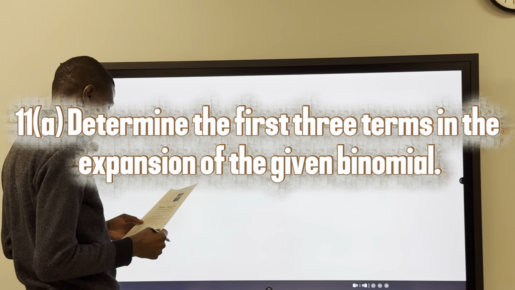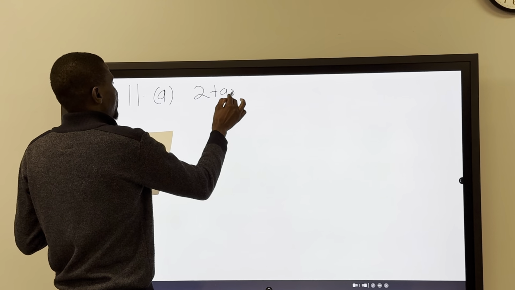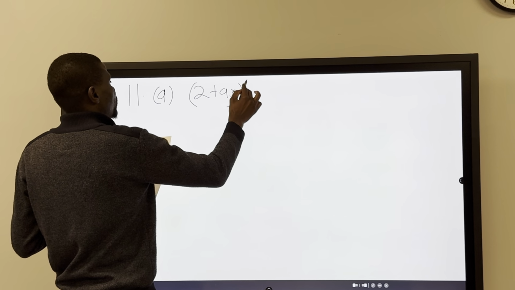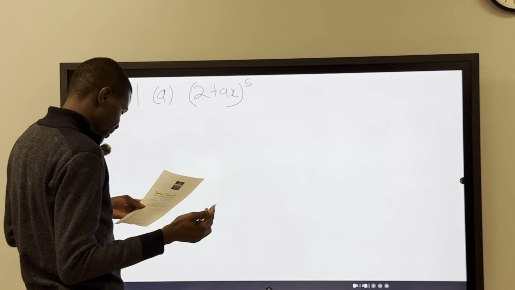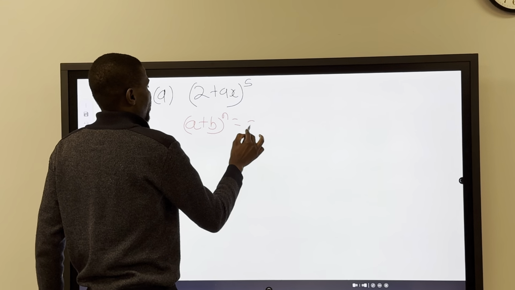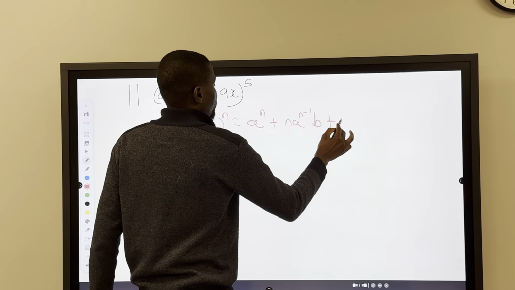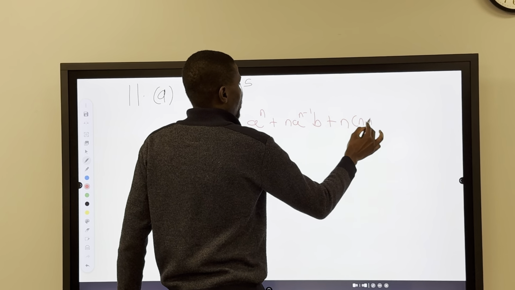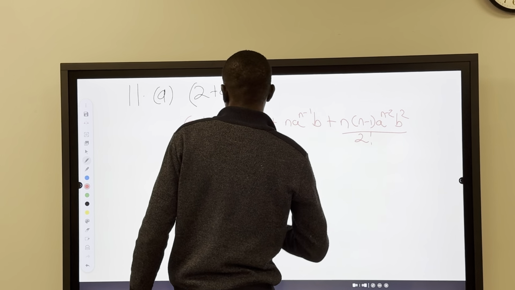Okay, so find the first three terms of this. All right, so this is number 11A. We are given (2 + ax) to the power of 5, right? Since I just need the first three terms, let's just use (a + b) to the n equals a to the n plus n a to the n minus 1 b plus n(n minus 1) a to the n minus 2 b squared over 2 factorial.